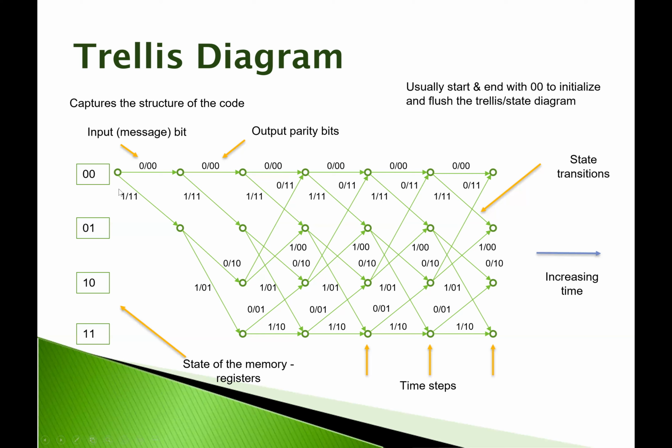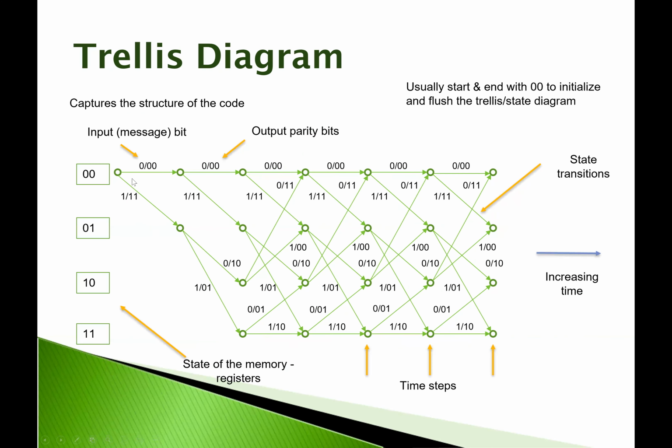So we tend to start with 0, and then we tend to flush the system with zeros at the end of a block of message bits that we're sending, so that hopefully we end up here in the top right hand corner with enough zeros. We should get there. Not absolutely necessary, but it often happens.